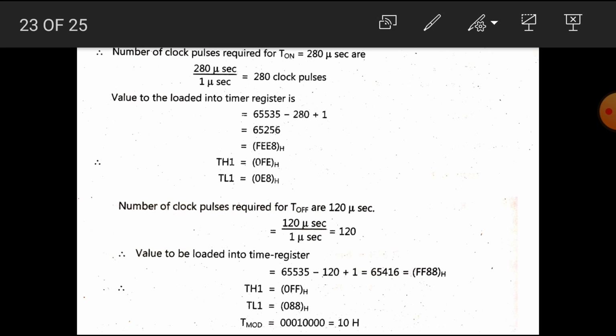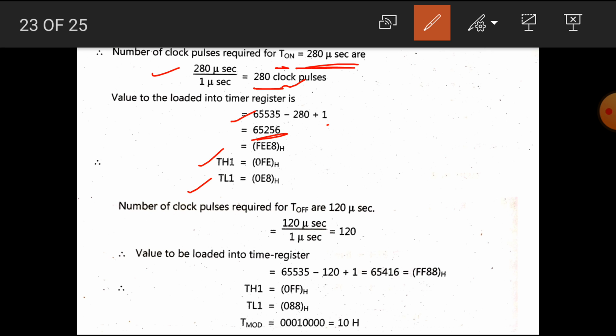Now let's see the number of clock pulses required for T on, that means for 280 microsecond. We can obtain this by dividing 280 microsecond by 1 microsecond. We get 280 clock pulses. Then we have to find the values for TH1 and TL1 by subtracting this value 280 plus 1 from 65,536.